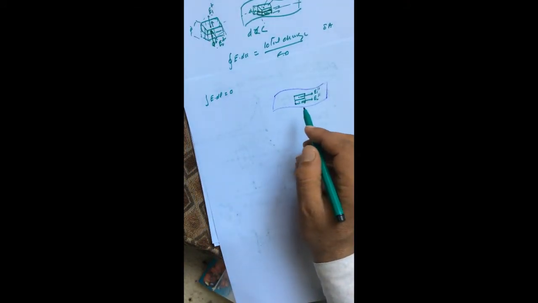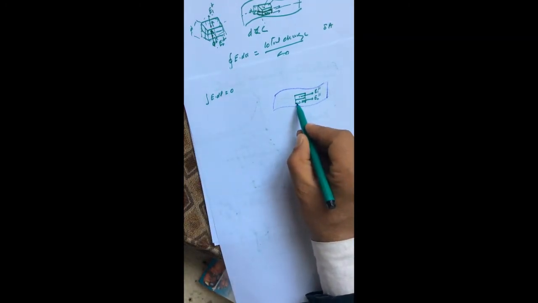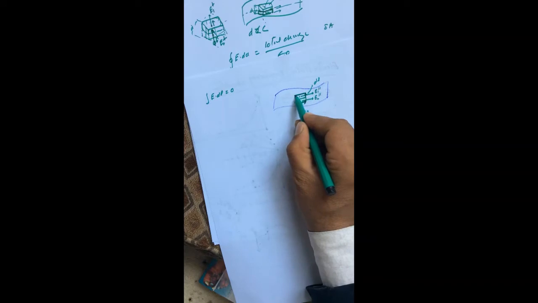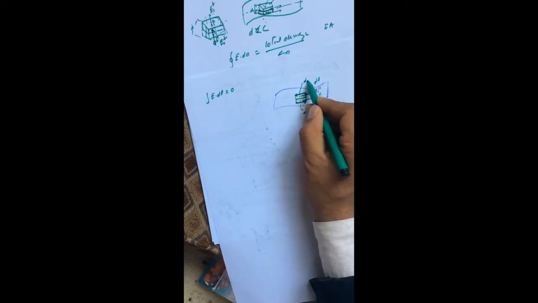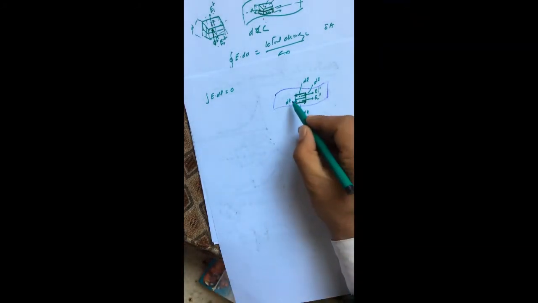Now here if I look at here, then we have how many paths? 4 paths. One is this path. If I move like this, then the direction of dl is this one. If I move from here to here, then the direction of dl will be this one. If I move from here to here, then the direction of dl will be this one. If I move from here to here, then the direction of dl will be this one. So here the direction of dl is this one, while the electric field direction is this one.